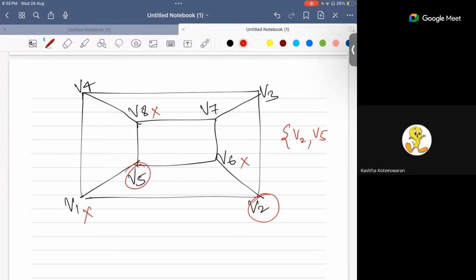V1 is already cut down. So now the next one I can take is V7. If I'm taking V7, then V3 will get cut down, and V4, so I'll have to take V4. So this can be one of the independent sets, or I guess a maximum independent set also. Okay. Are you able to understand this?